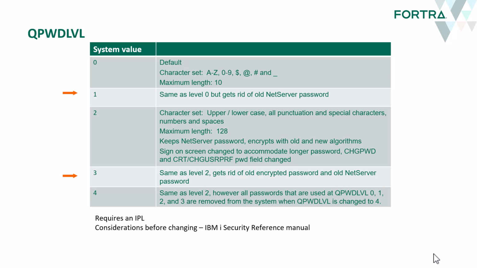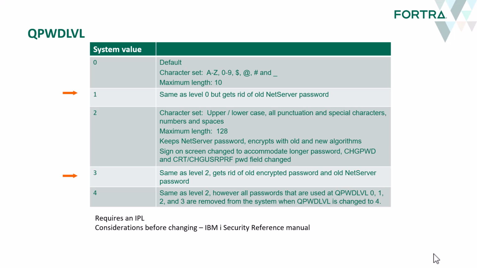Now at v7r5, they introduced a new password level 4. This applies the same rules and complexity that levels 2 and 3 do, so you can still have up to 128 characters, and it's case sensitive.